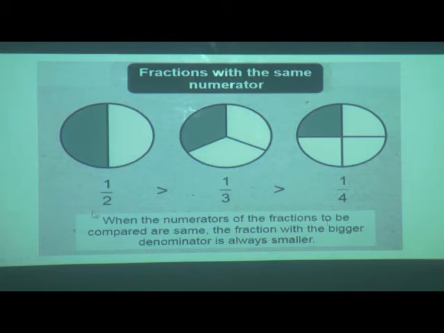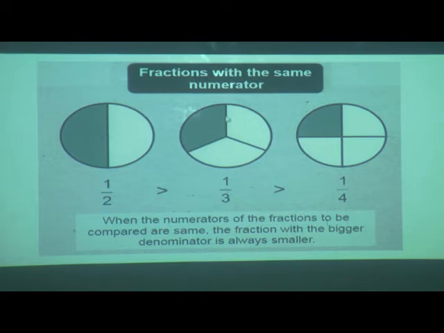So when we have sums related to this, there is no need to do any procedure when all the numerators are equal. Just check the denominators and you can write the comparison of fractions as we have done here. So we compared the fractions with the same numerator.